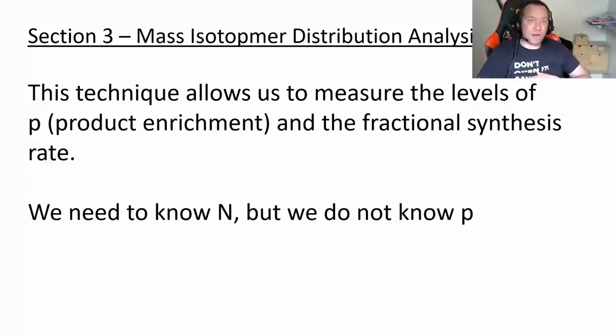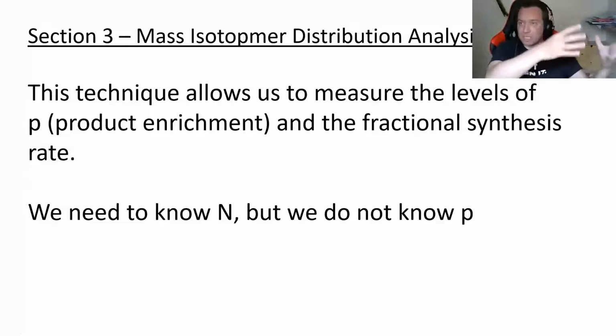Okay, final section. This is mass isotope distribution analysis. This is a technique which allows us to measure the levels of P, the product enrichment, and the fractional synthesis rate without knowing P. With the deuterated water experiment, we measured P because we measured how much deuterium was in our sample.